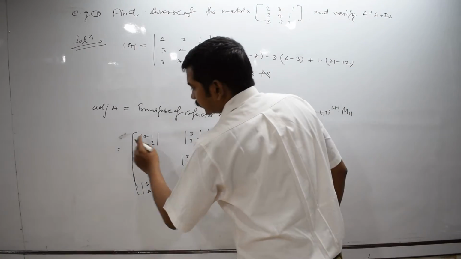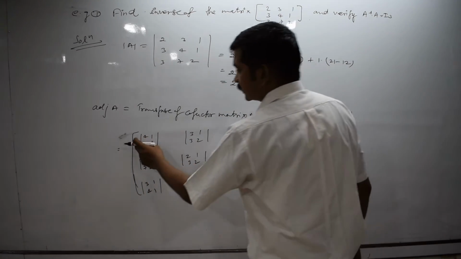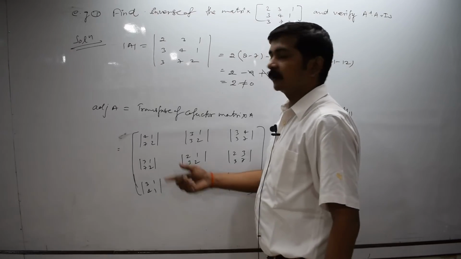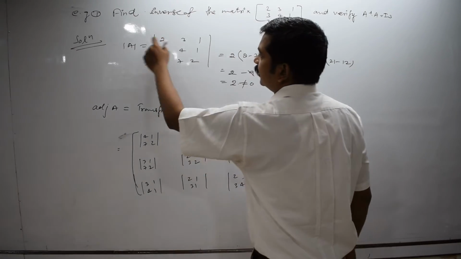Now, we take the sign of this, and outside we use (-1) power r plus c. This is the first row and first column.